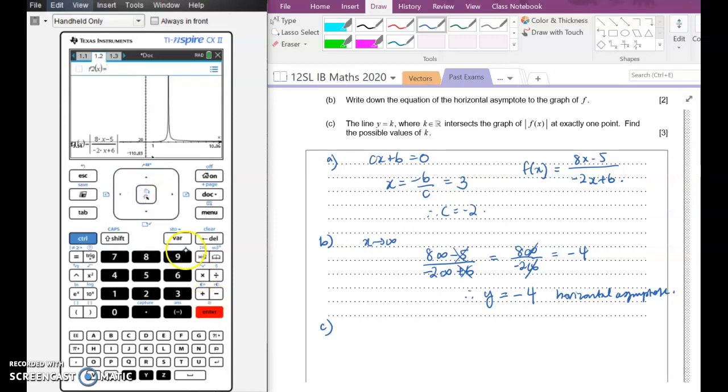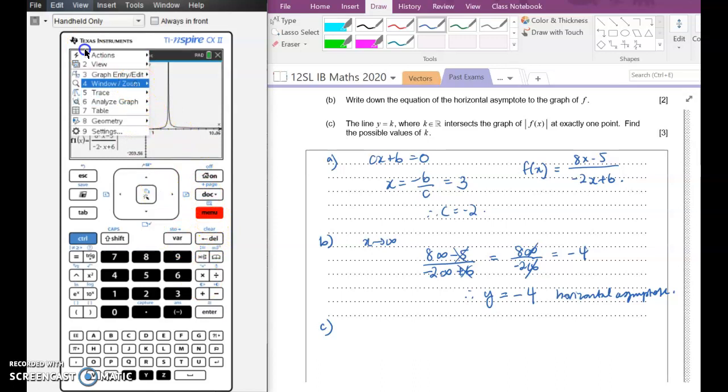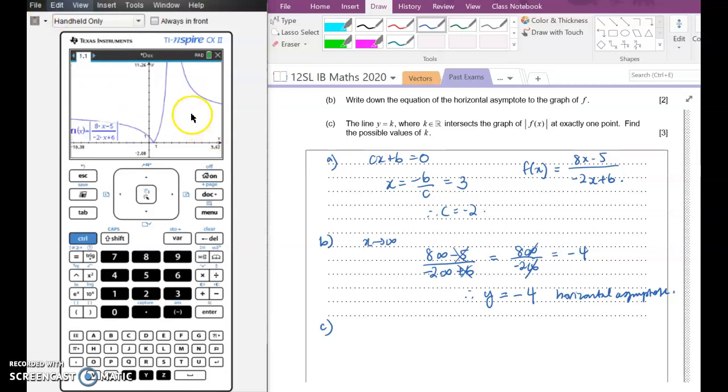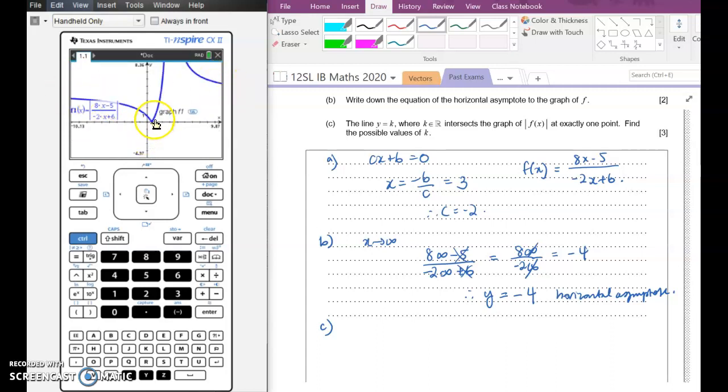Yep. Sorry, I don't know what happened before, but I've just graphed it again into a new document, and you can see that we've got two asymptotes here, and we've got this nice part here.